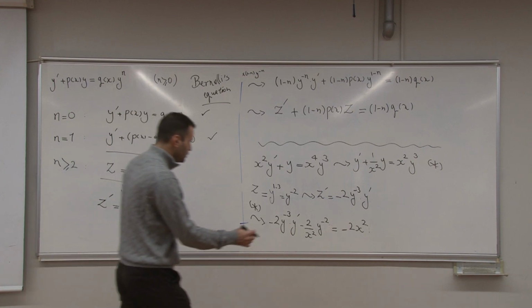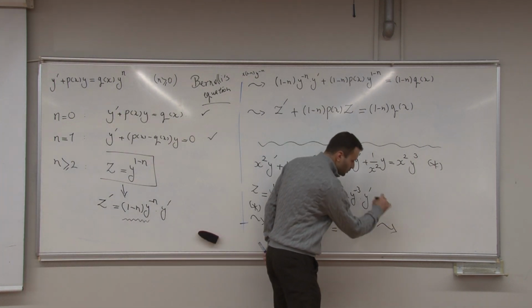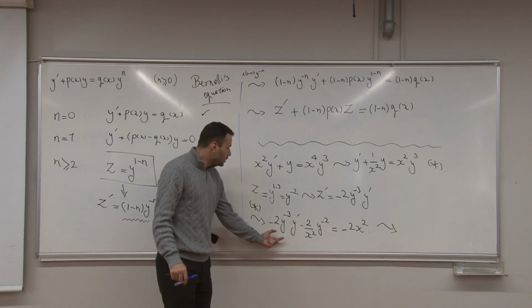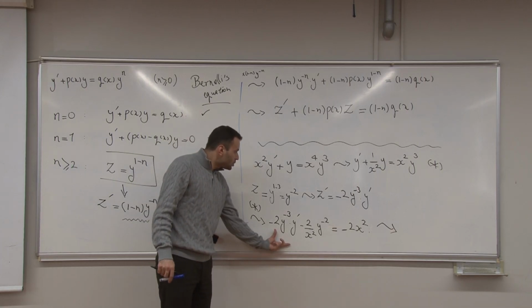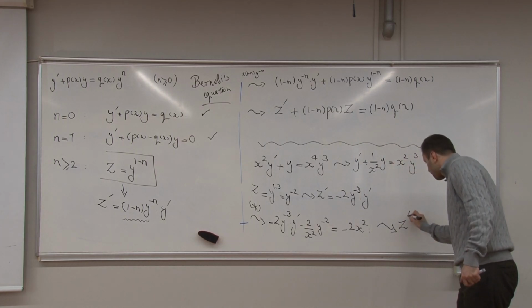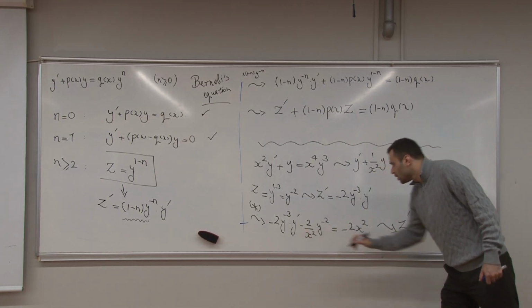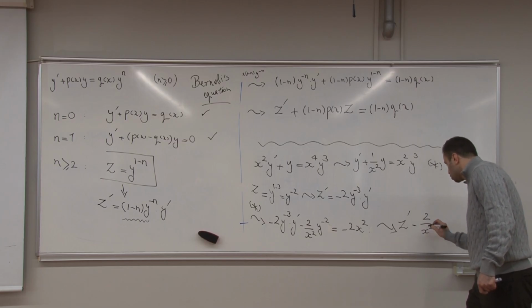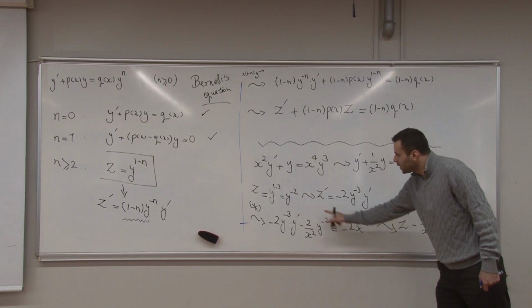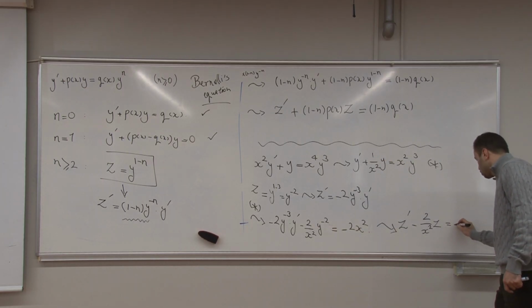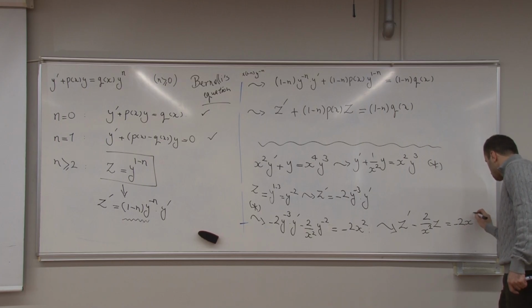So what next? What is happening? This is actually z prime, minus 2 divided by x to the power of 2, y to the power of minus 2 was z, equal to minus 2 times x to the power of 2.